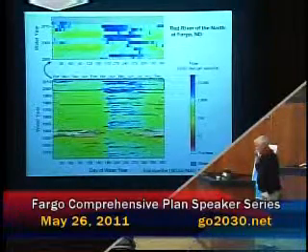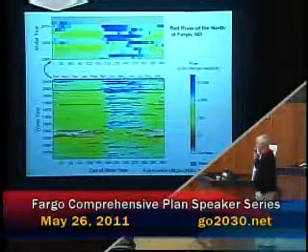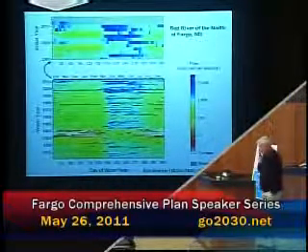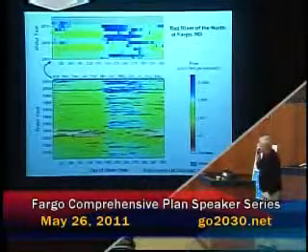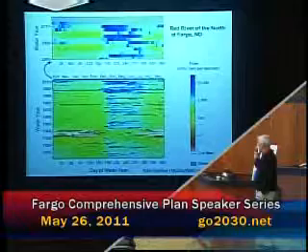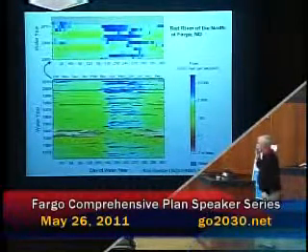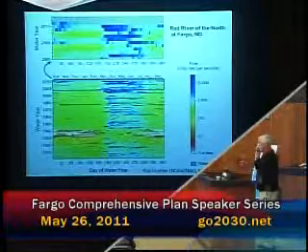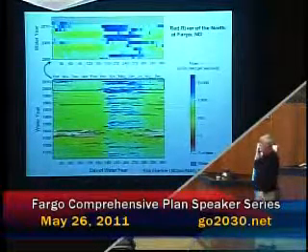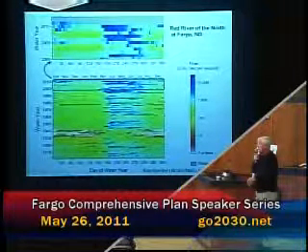Now, one of the interesting things about this curve, though, is you look way over to the left-hand axis of this curve, you mostly see green colors and yellow colors. And those colors are lower discharge rates on the river. But if you come up to this last year and the few years previously to that, what we see is that in October and November, we've got very high discharge rates on our river.